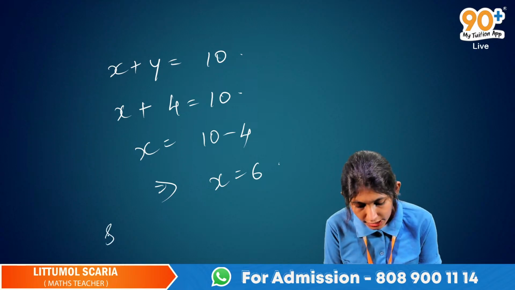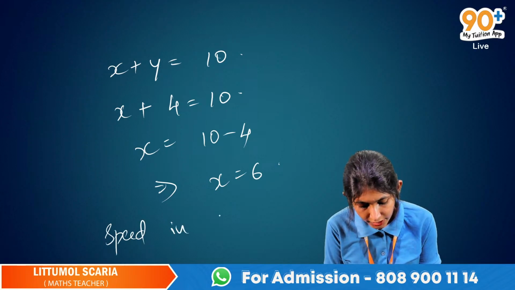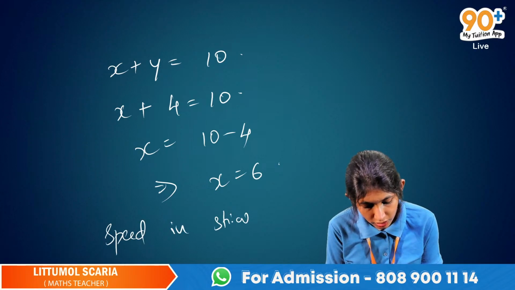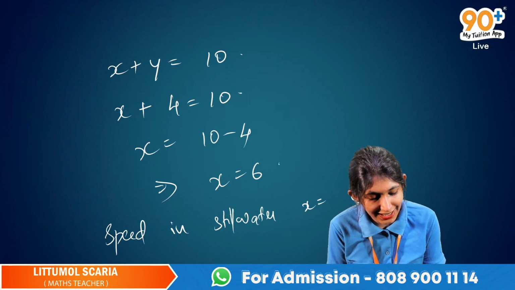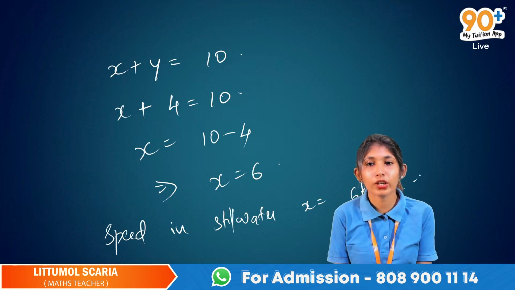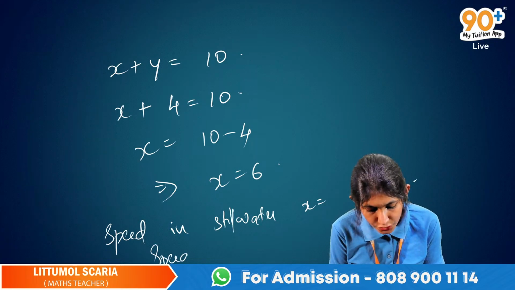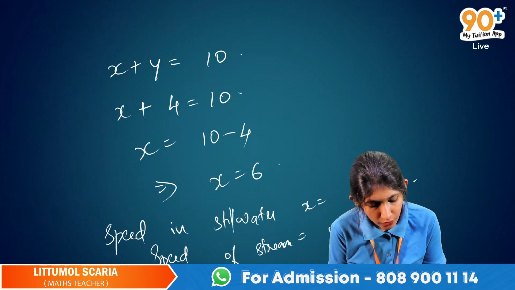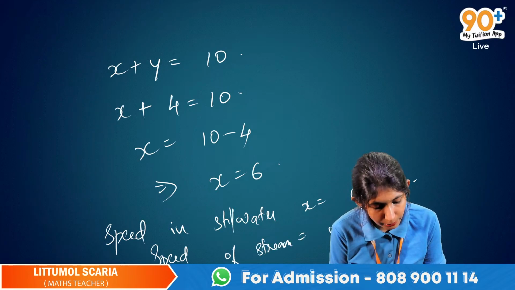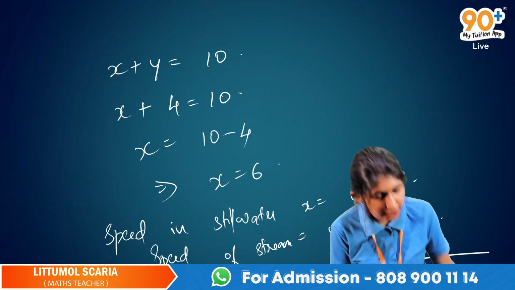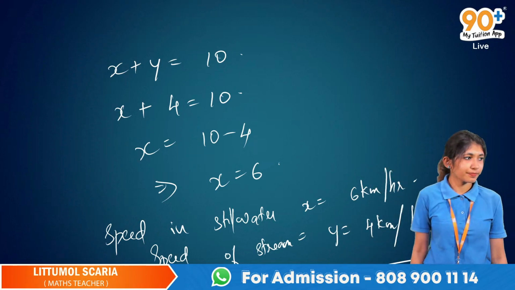Is that all? No. Speed in still water, x, is 6 kilometers per hour. Don't forget to write the unit. Speed of stream is y, equal to 4 km per hour. Underline these and you will get full marks.